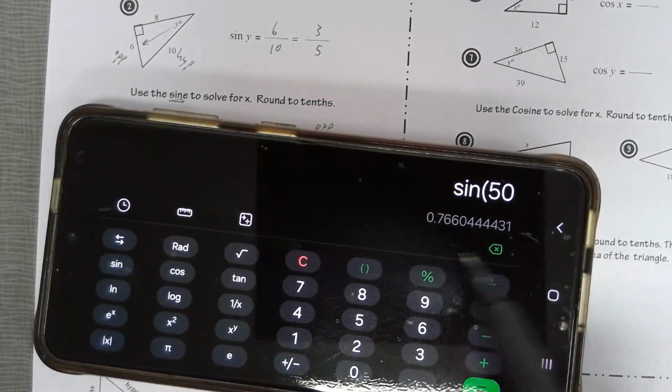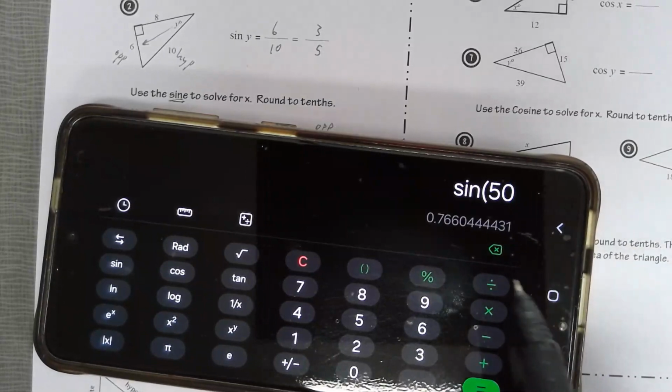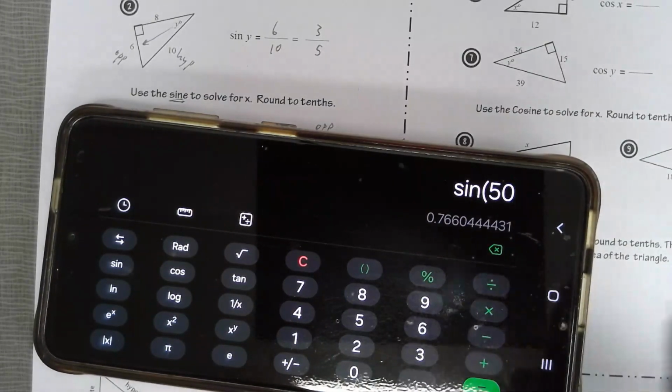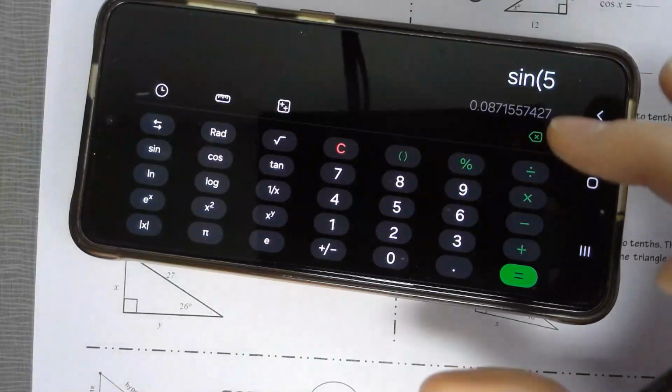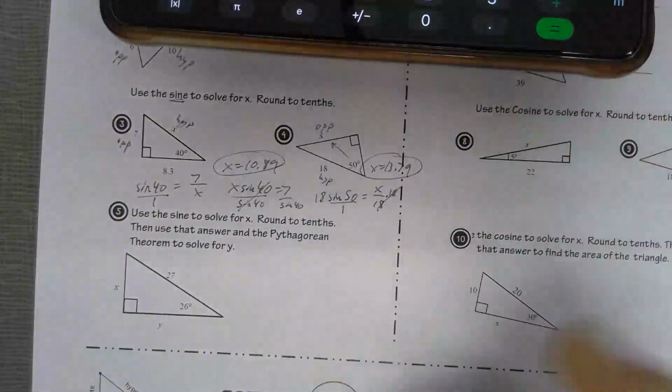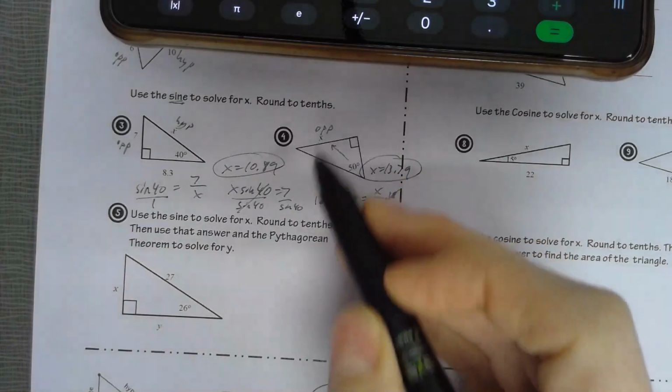Now the decimals are always going to be off by a little bit because I'm rounding when I write that decimal out. But just look at the first couple decimals and it should be accurate enough. So there's our opposite over hypotenuse, the ratio.